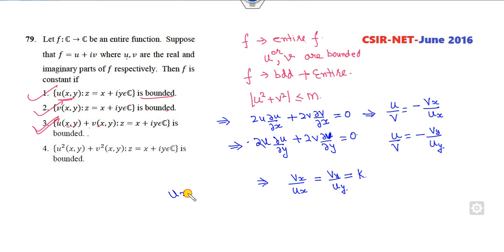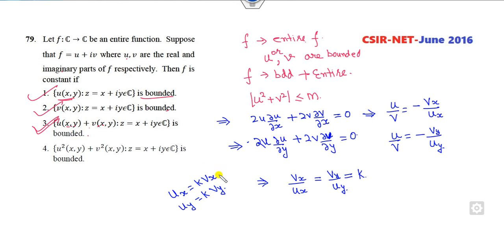So u of x is k times v of x, and u of y is k times v of y. So how can you say it is a constant? When will f be constant? When you prove u is constant and v is constant. So how can you prove that?